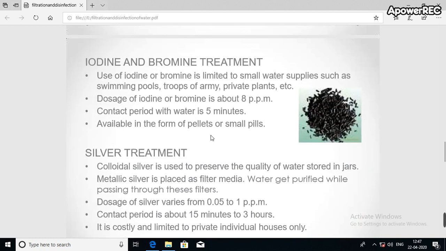Then there is iodine bromine treatment, using iodine or bromine with the water. With the dosage of iodine or bromine, the different types of infection will be gone.